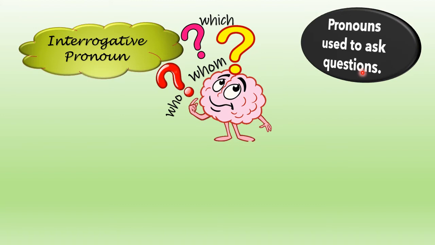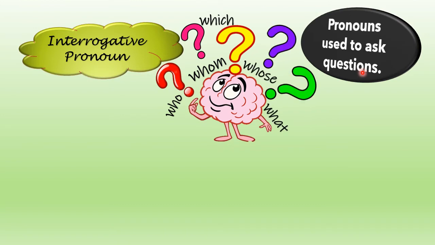whom, which, whose, what. So these are the words, like for example, these are the words who, whom, which, whose, what. It shows curiosity inside us. And when we use these words for asking questions, we are curious and we want information.